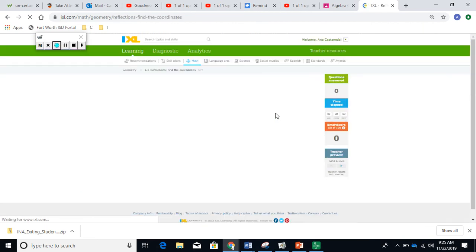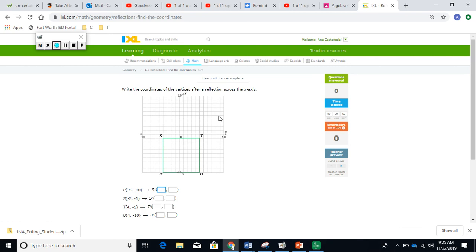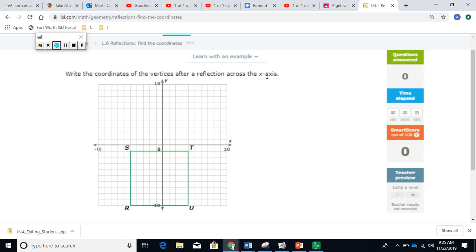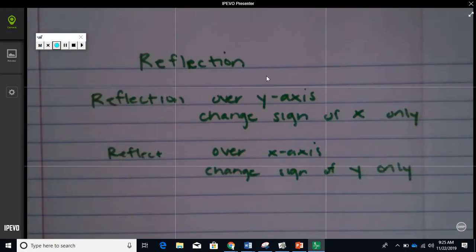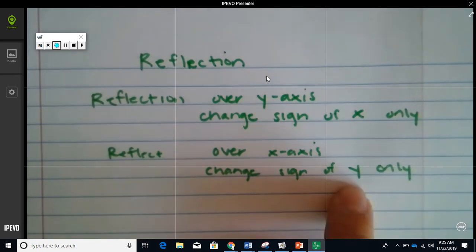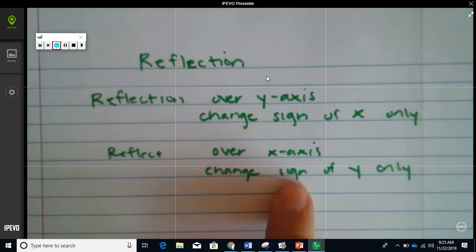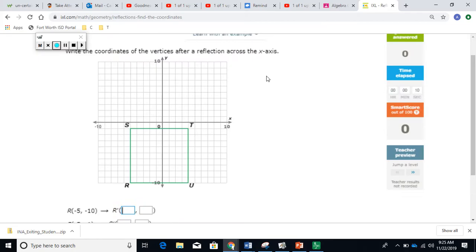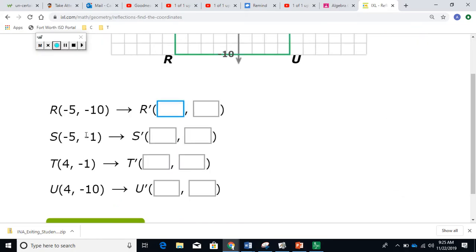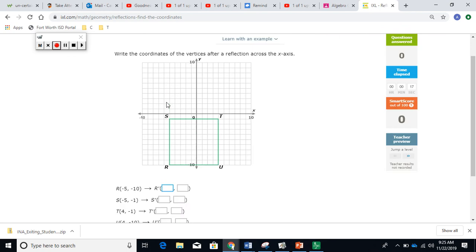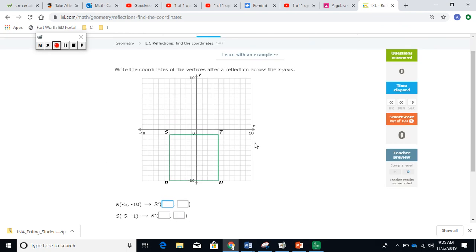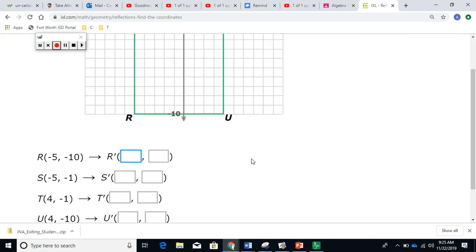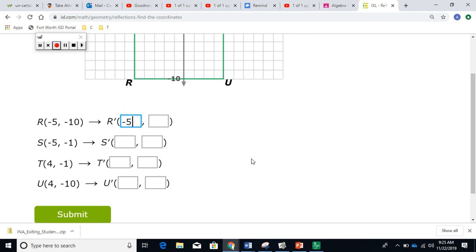So on this one, you have to write the coordinates. So right here, they want x-axis, right? So we just said when it reflects over the x-axis, you change the sign of y. Sign means positive, negative. So the x is the same.